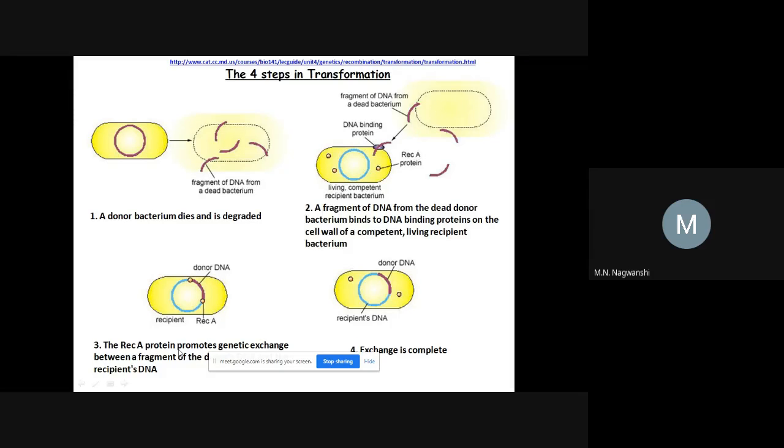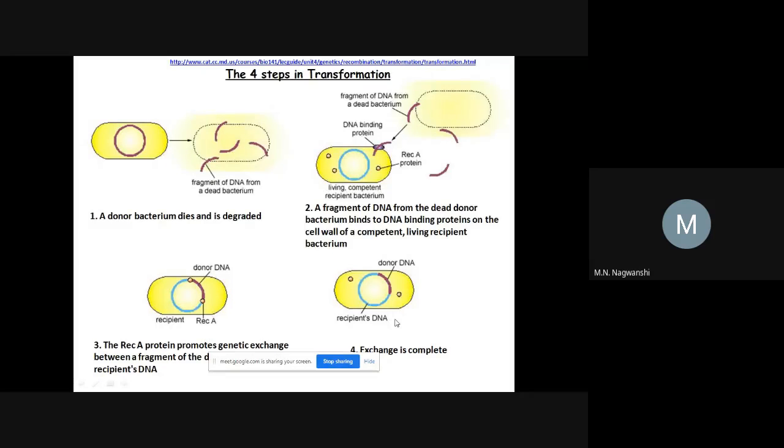Now there is a protein called RecA, recombination protein A, that promotes the genetic exchange between the fragment of the donor bacterium and the recipient bacterial DNA. So these are the recognition or recombining molecules, RecA, that help the bacterial genome accept the foreign DNA in its own chromosome.